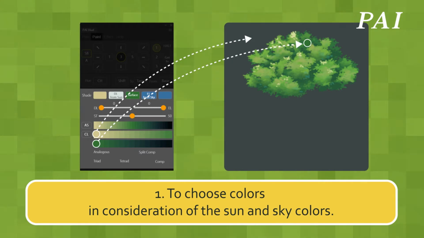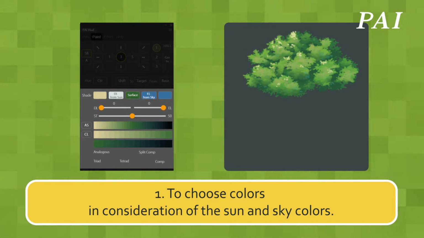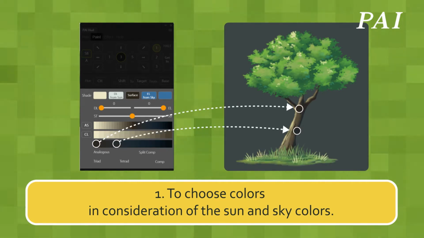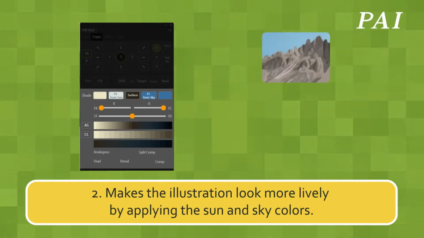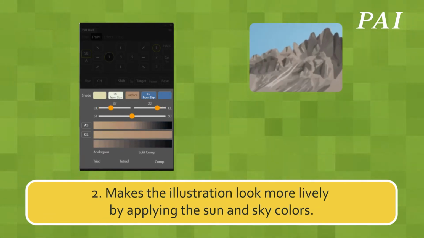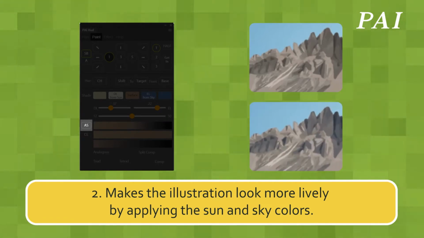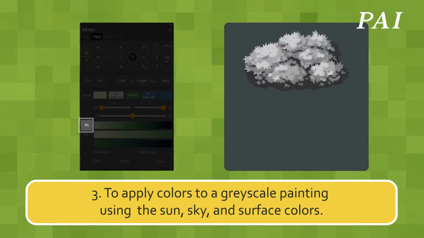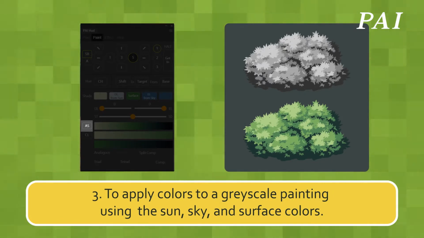To choose colors in consideration of the sun and sky colors. 2. Makes the illustration look more lively by applying the sun and sky colors. 3. To apply colors to a grayscale painting using the sun, sky, and surface colors.